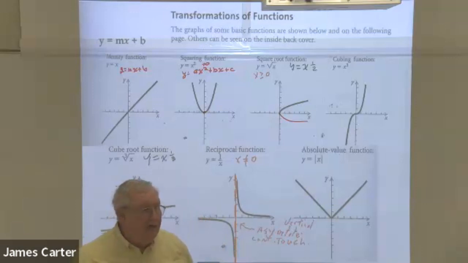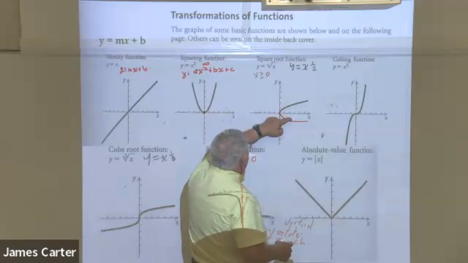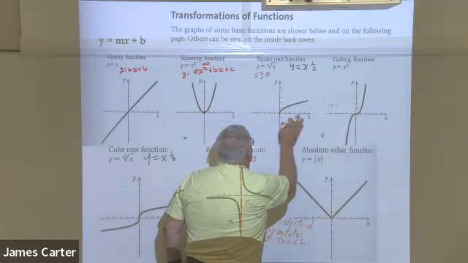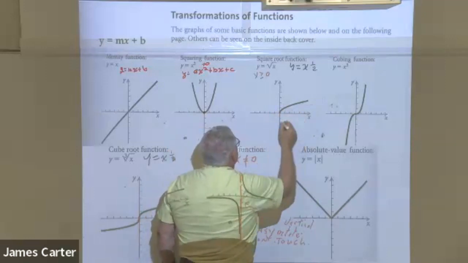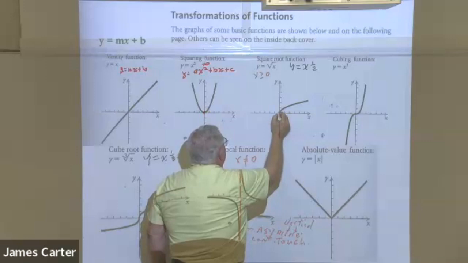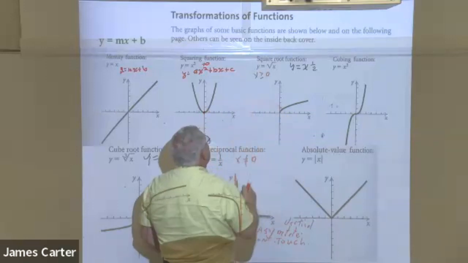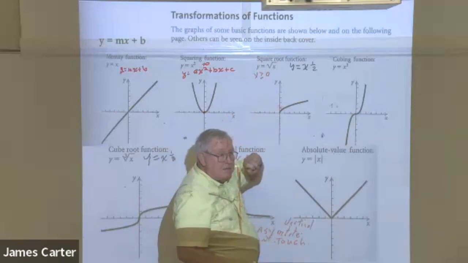Because to do that, you would have to have negative square root values. Okay, so negative values will give you that. These are all positive values here. You also couldn't have that in this case, because x has to be bigger than 0 in this case.